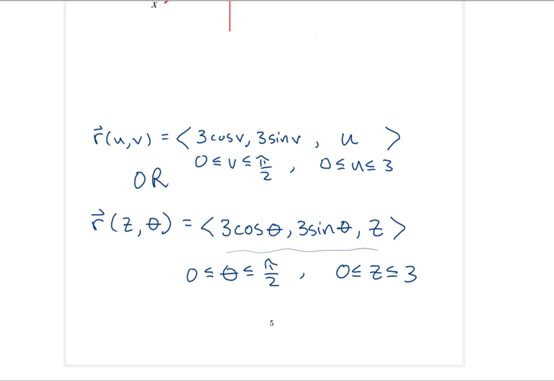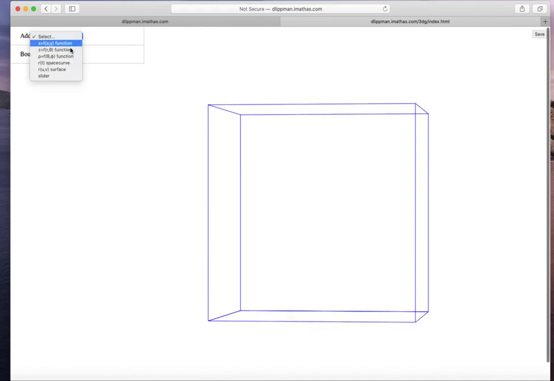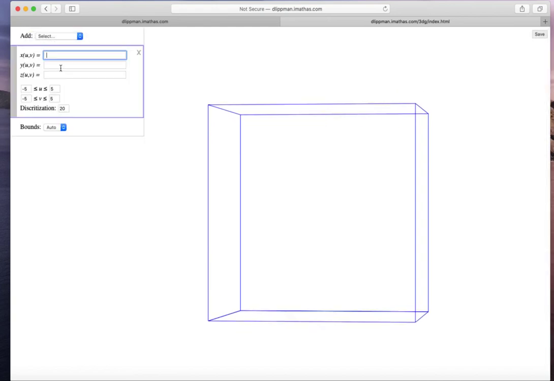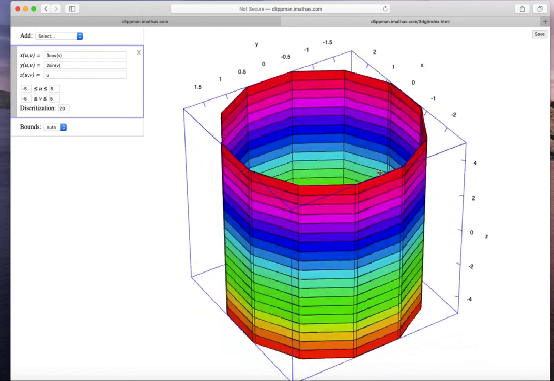And so if I go back to our grapher here, then I can type this in. So it'll be 3 cosine v, 3 sine v, and u. And of course here what I get is the full cylinder, right?